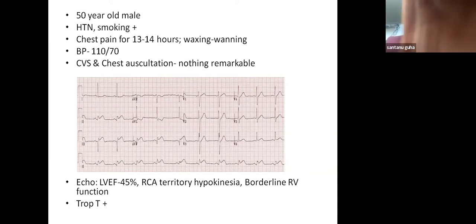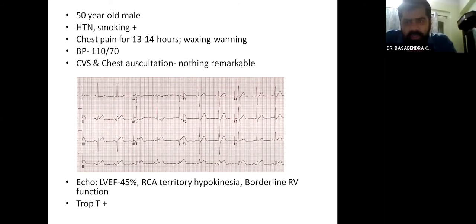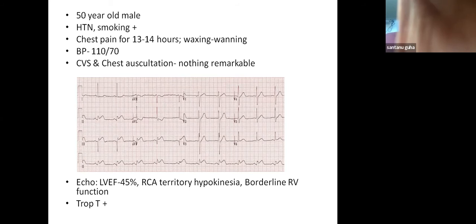That's why I'm asking this question. Actually, sir, I personally did not perform the echo. The report showed borderline RV function with a TAPSE of around 15 to 16. It was okay. Carry on.